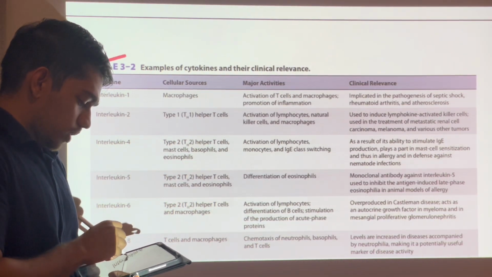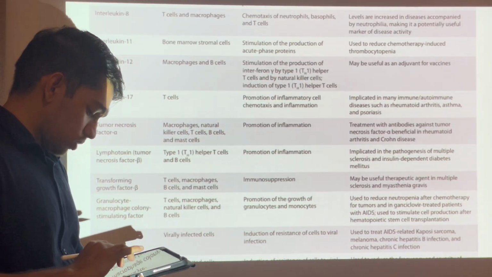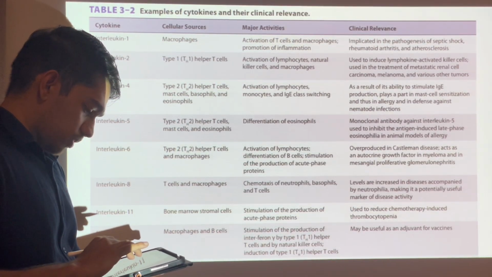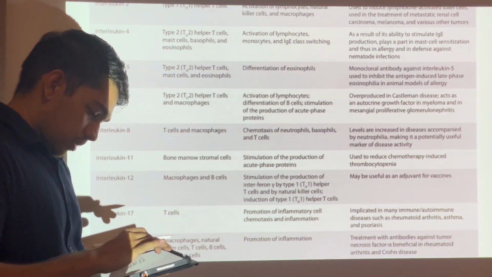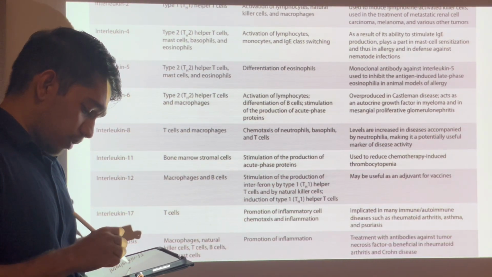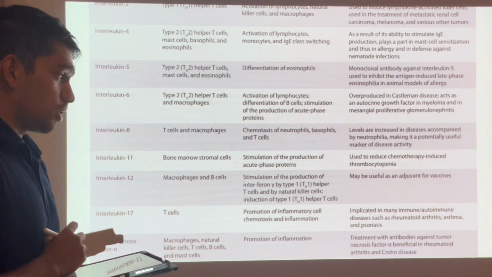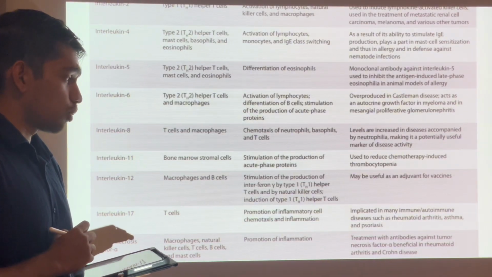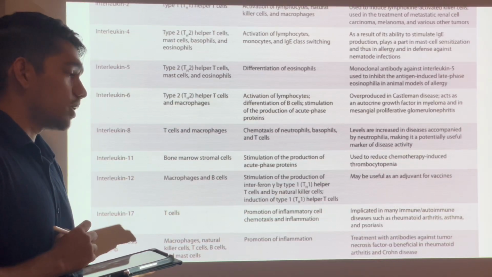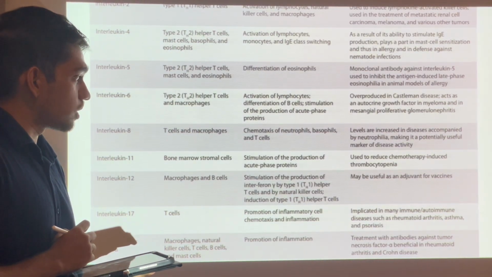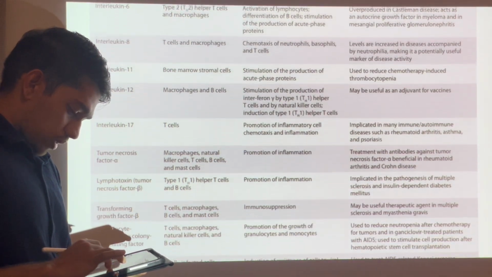Cytokines, right? So cytokines are of many varieties. We call them interleukins or interferons, right? You can see out of these certain cytokines, interleukin 8, for example, is involved in chemotaxis of neutrophils. So this is just an example that you don't need to remember, but I'm showing it to you to show that these are the chemicals that are going to attract your neutrophils to the site of infection, right?